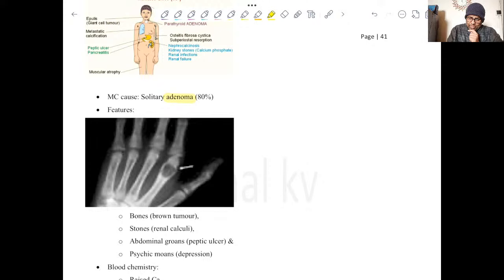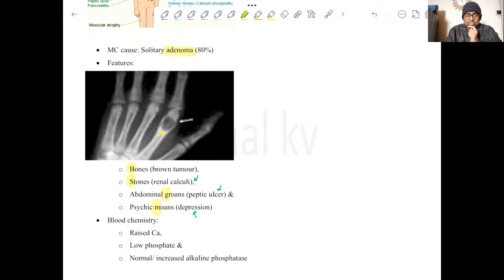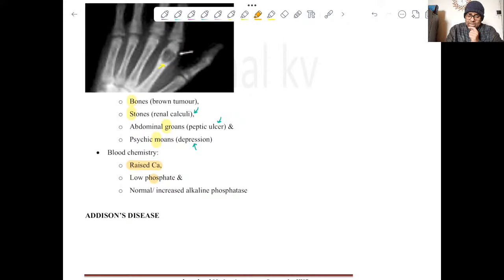And what you need to remember: bone, stone, groans and moans. So there are brown tumors, there are renal stones, peptic ulcers producing abdominal groans, and depression, that is psychic moans. Since it is excess of parathyroid hormone, it is going to increase the amount of calcium. So raised calcium, low phosphate, and normal to increased alkaline phosphatase.